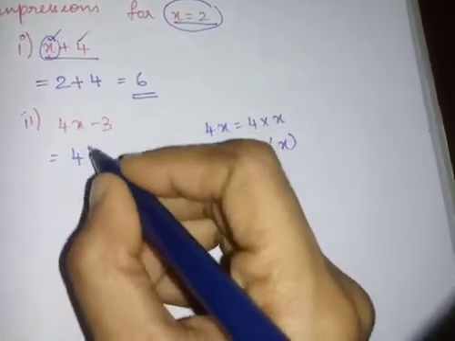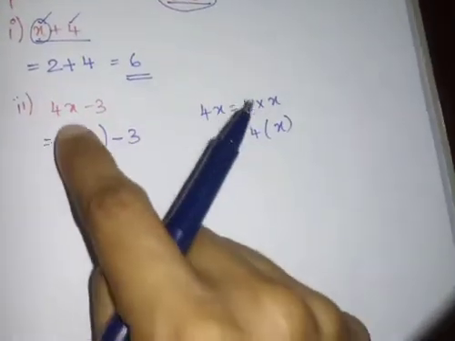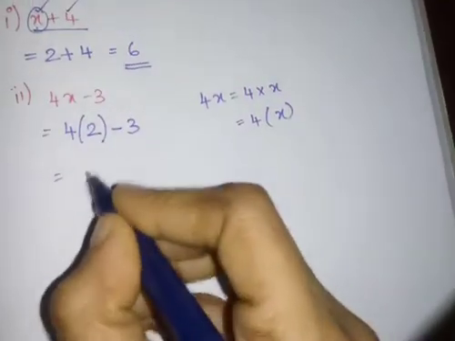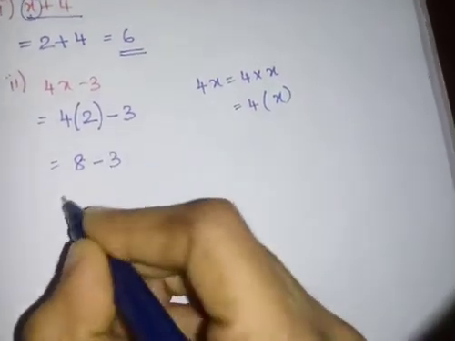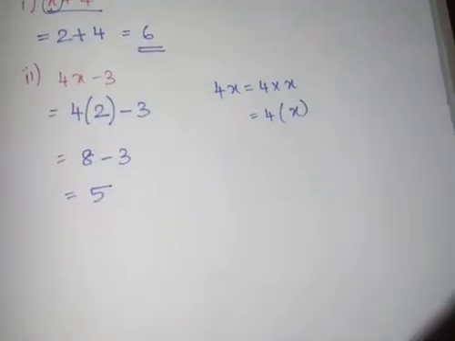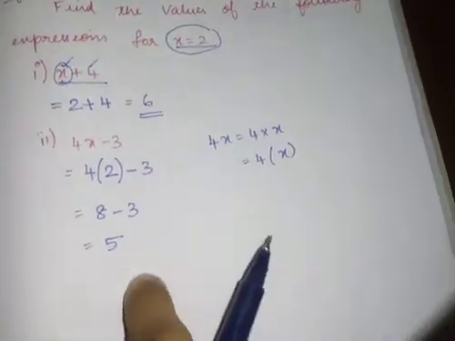Now the x value is 2, so I am putting it in brackets: 4 into (2) minus 3. 4 2s are 8, 8 minus 3 is 5. So the value of the expression 4x minus 3 when x is equal to 2 is 5.